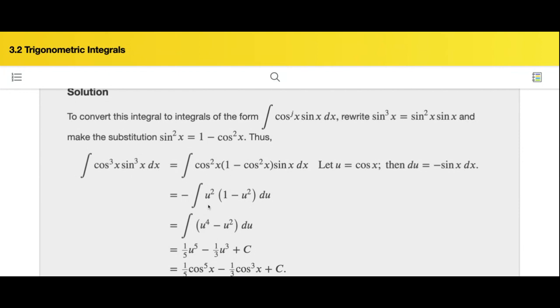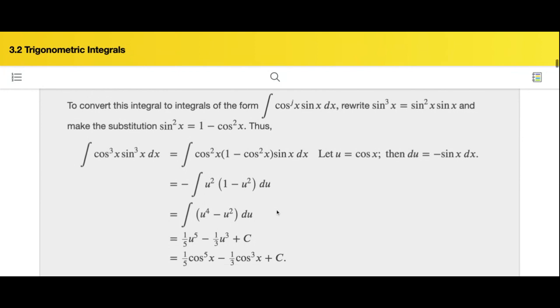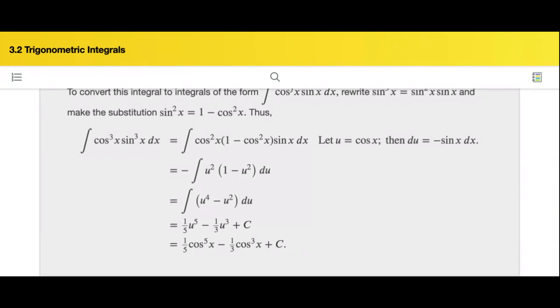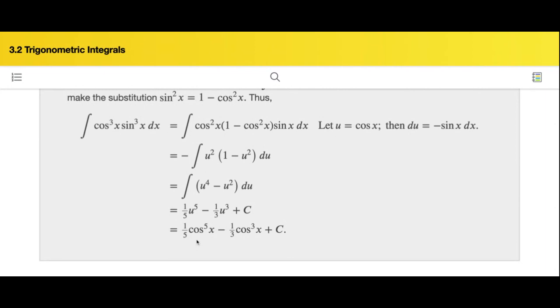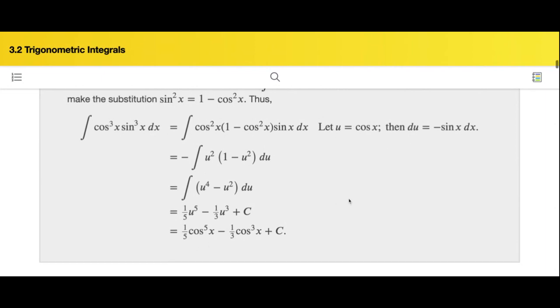So the integrand becomes u squared times 1 minus u squared, and sine x dx becomes negative du. So everything is being substituted in terms of u. The rest is just use power rule to anti-differentiate, right? When we finish, we change u back to be cosine x.